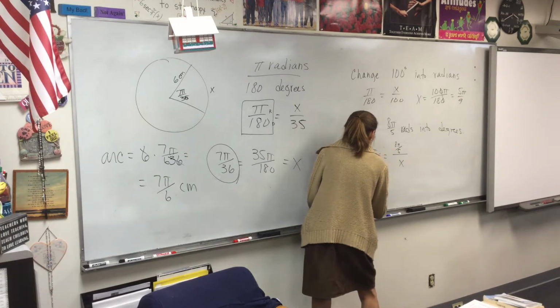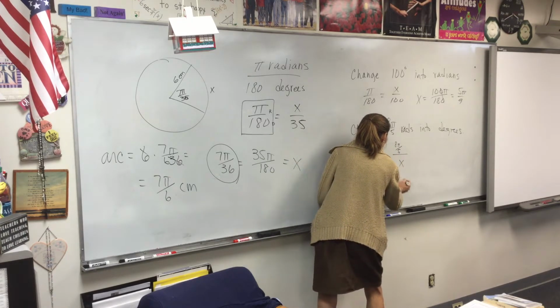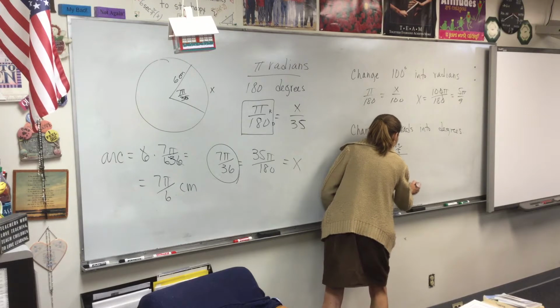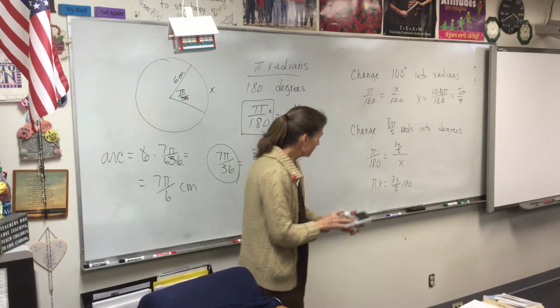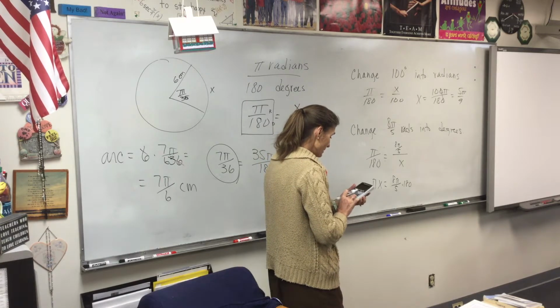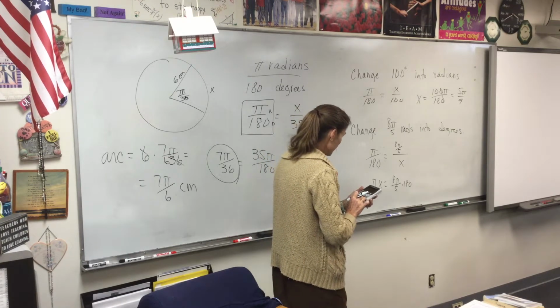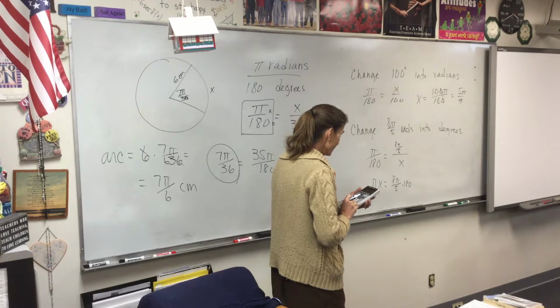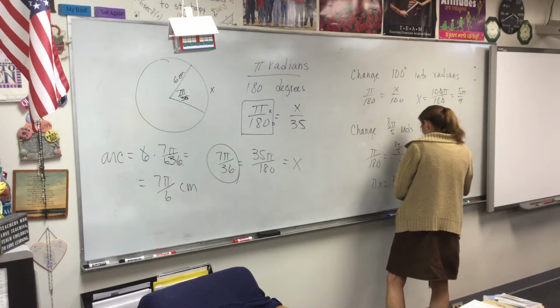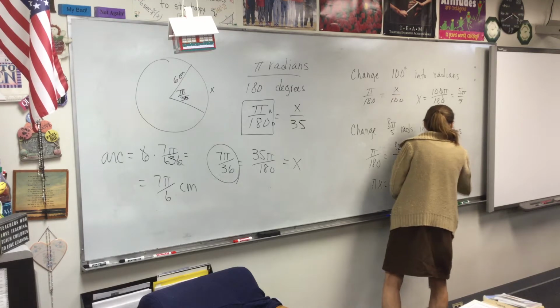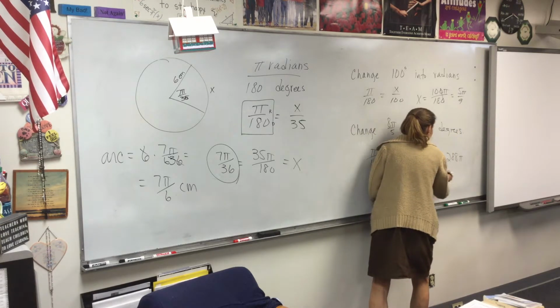Let's cross multiply. Let's reduce that. I'll let my calculator do it. 8 times 180 divided by 5 is 288. So pi x equals 288 pi. So what does x equal?